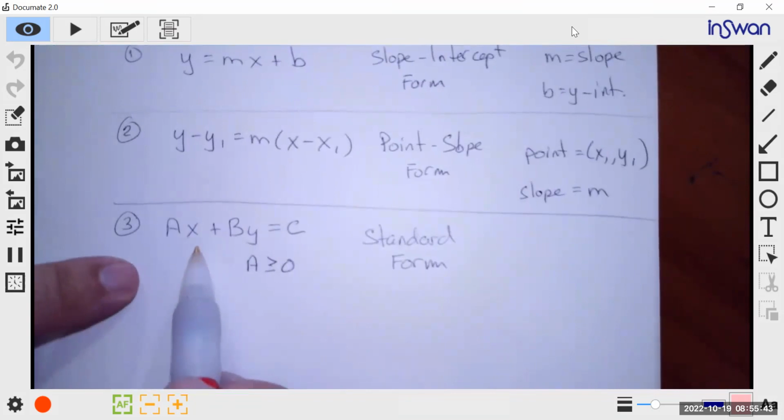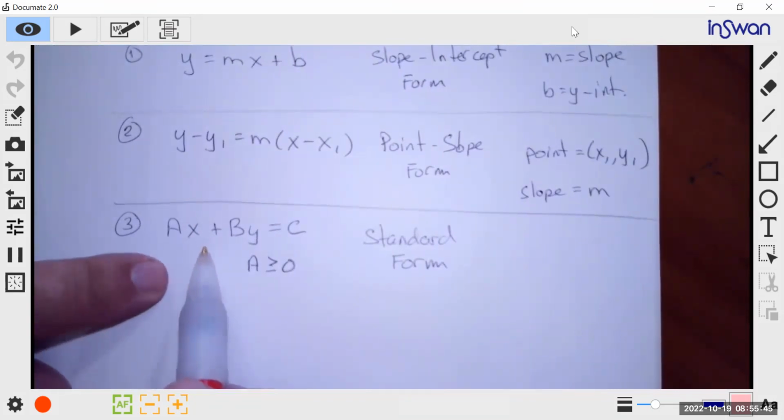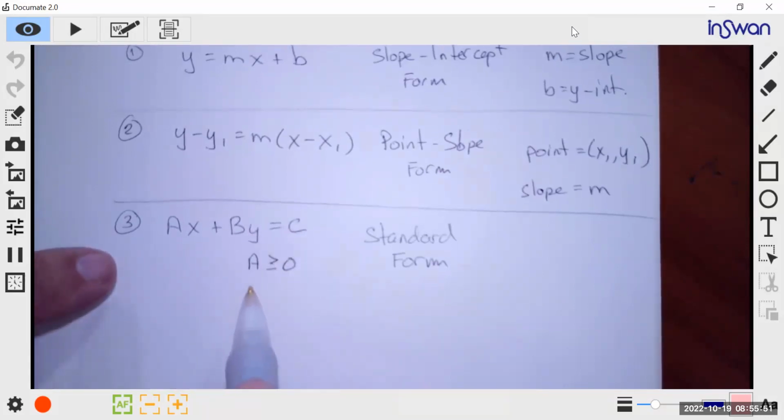To find the x-intercept, what do you have to do? Set y equals 0, solve for x. To find the y-intercept, set x equals 0, solve for y.